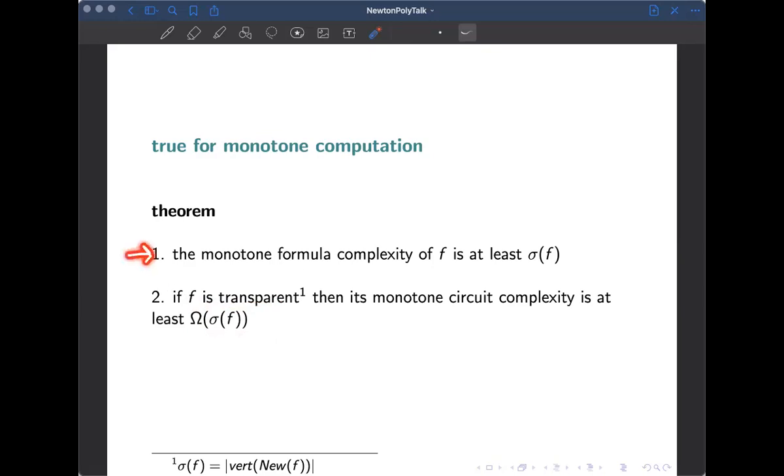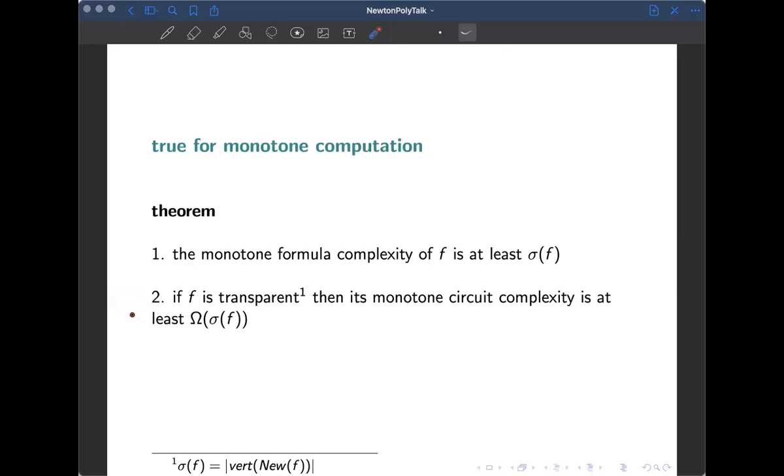This theorem is relatively simple to prove using known properties of polytopes in the plane. This theorem is more complicated, and it uses monotonicity in a very strong sense that was used in previous works as well, that you cannot undo a structure in a monotone computation.